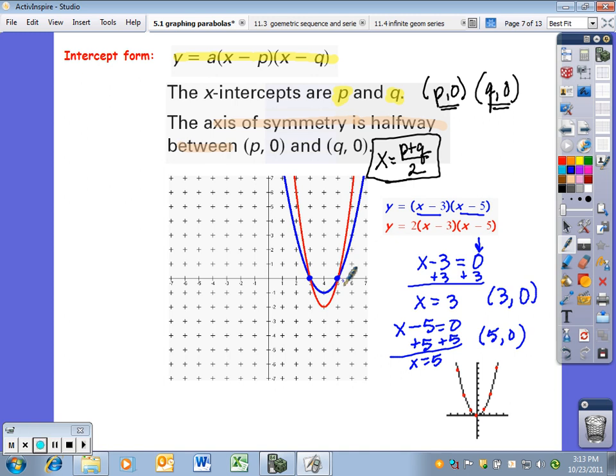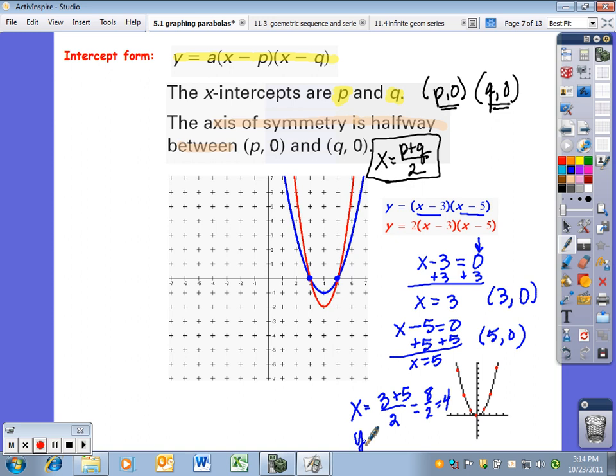So halfway between there, I'm going to take 3 plus 5 and divide it by 2. 8 divided by 2 would be 4. So the x value is 4. To find the y value, I must plug in.